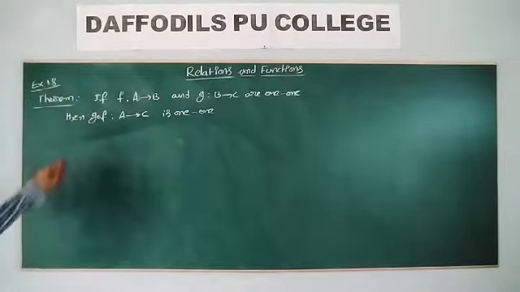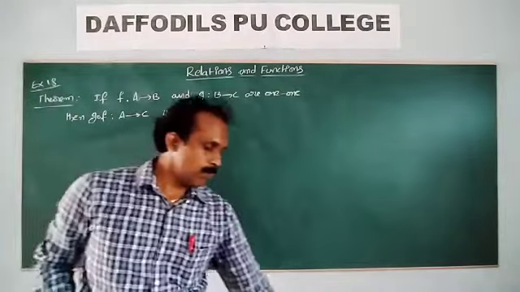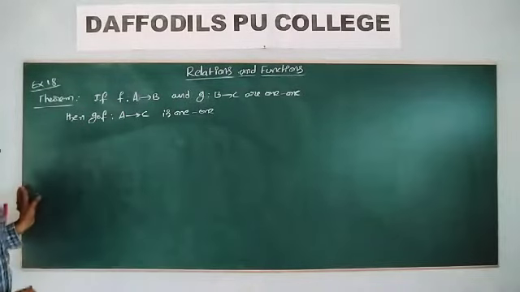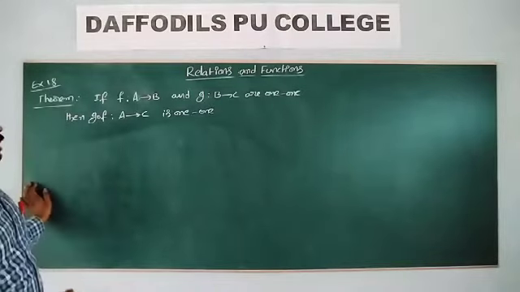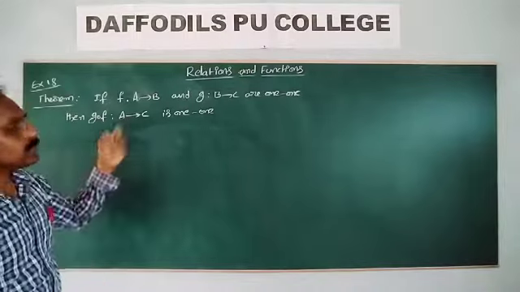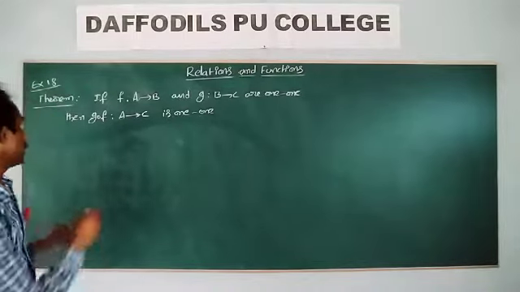That is the theorem that we will prove. What is given? f maps A to B and g maps B to C are one-one, then g circle f maps A to C is also one-one, right?